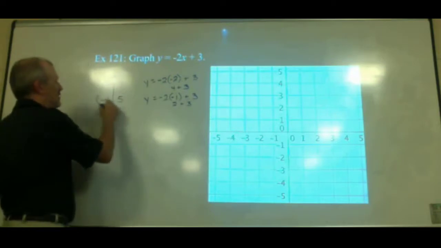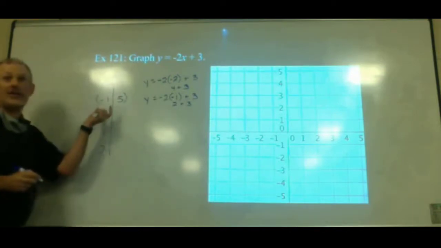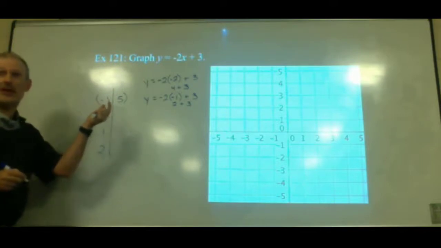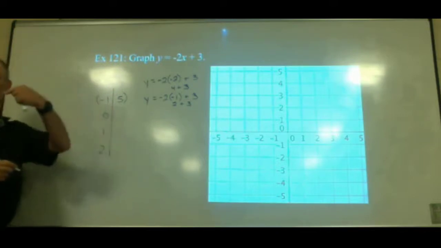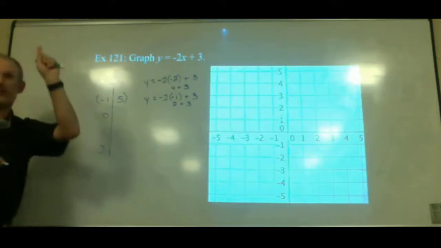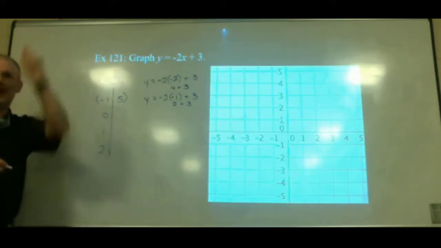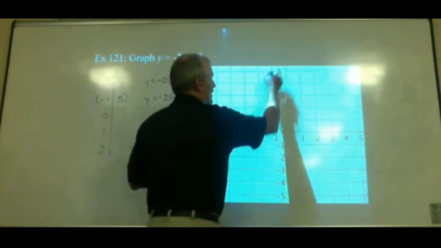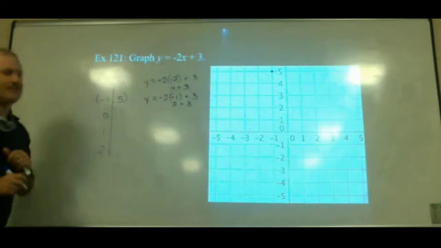So this ordered pair, -1, 5, I can put on the graph. -1 means 1 to the left, and then down 5. Oh, wait, sorry, no, up 5. It's a positive 5, so 1 to the left and up 5. So -1, 5, that's going to be this point right here. That's one of the points.